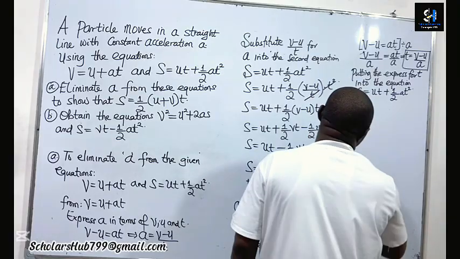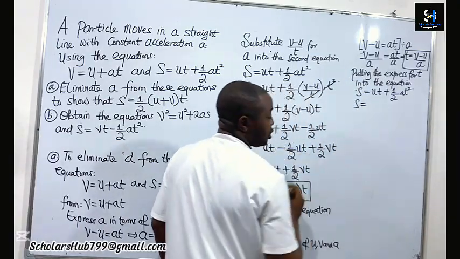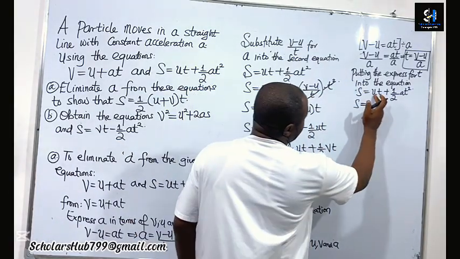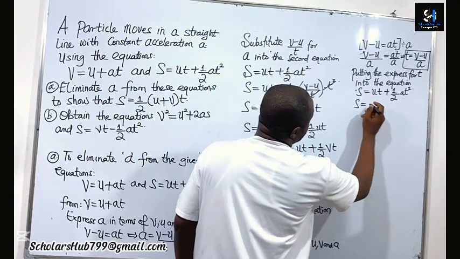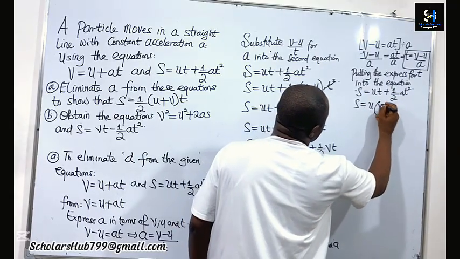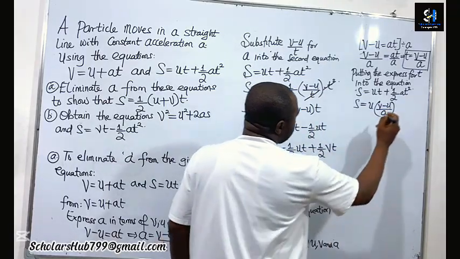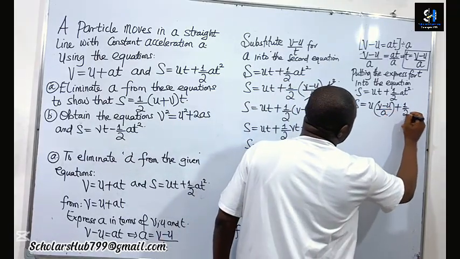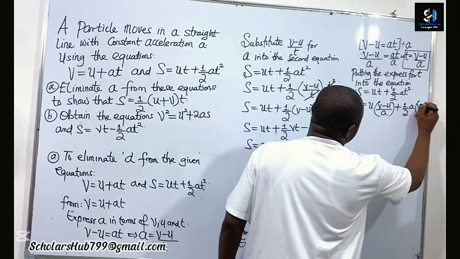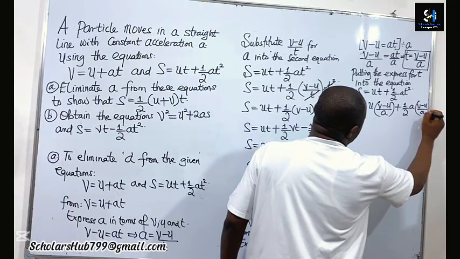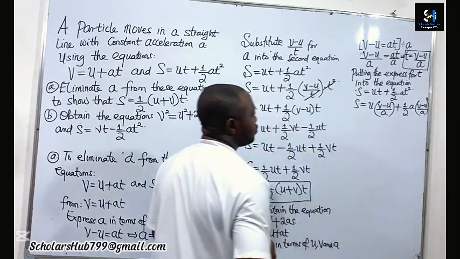So this will be s equals u multiplied by v minus u over a, plus 1/2 of a multiplied by v minus u over a raised to the power of 2.